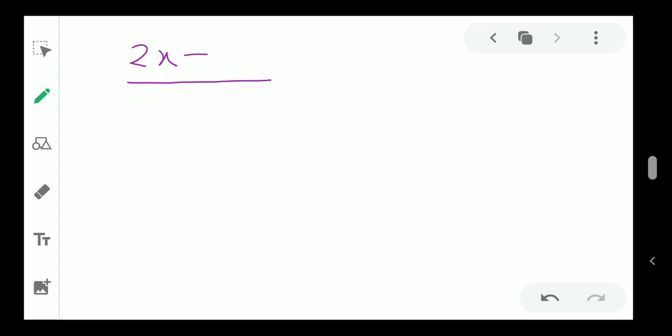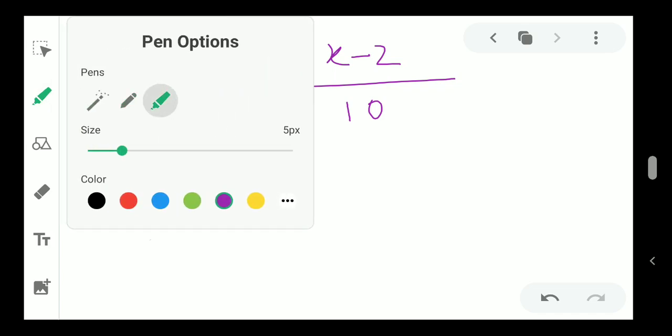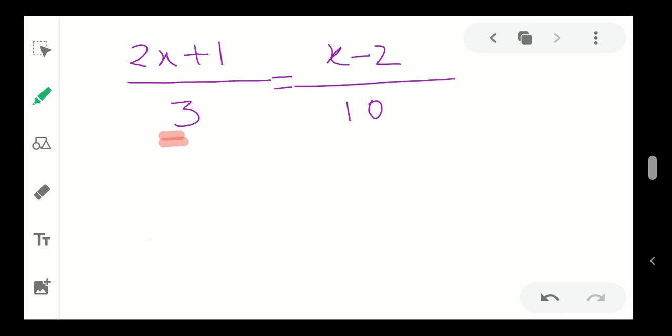Let's say (2x plus 1) by 3 is equal to (x minus 2) by 10. Now I have to find x. Using my short technique, see, 3 on the left hand side is in the denominator, so if I shift this 3 to the right hand side, it will come into the numerator.